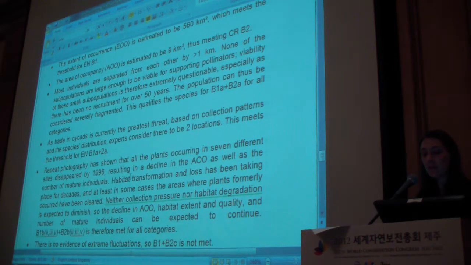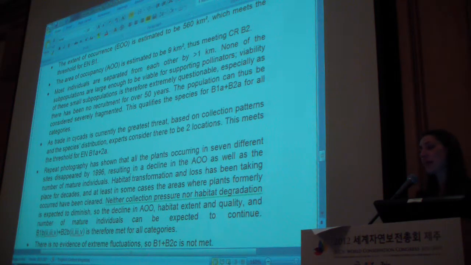The reason they justified that in this assessment is that the populations are all scattered by more than a kilometer, and there's not likely to be any dispersal between those subpopulations. And because the subpopulations are not supporting the pollinators, none of them are likely to be viable. So it very clearly means severely fragmented.